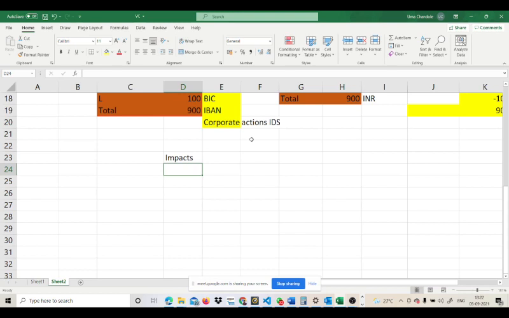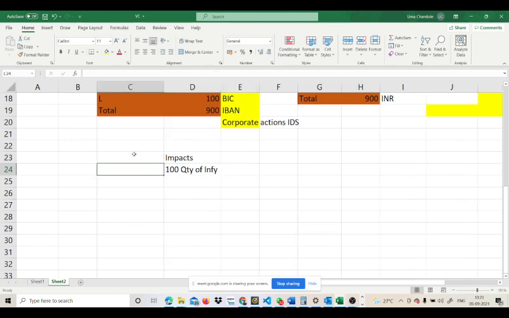You have hundreds of quantities of Infosys. First of all, we'll talk about the dividend perspective.